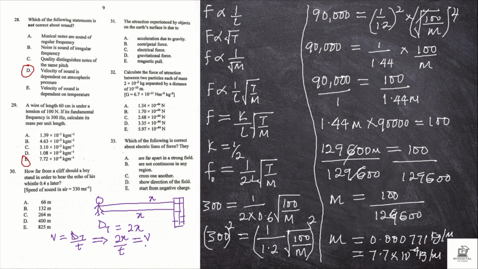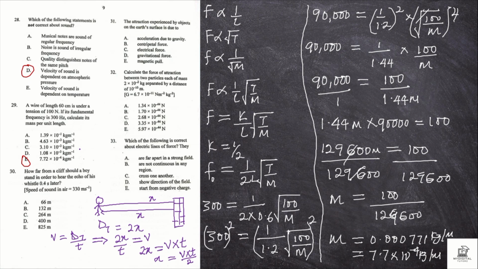Is that clear? So from here, we make x the subject of the formula. This implies 2x will be equal to the velocity multiplied by time, which implies that x is equal to v times t all over 2, as simple as this. So the next thing is for you to just substitute the values.